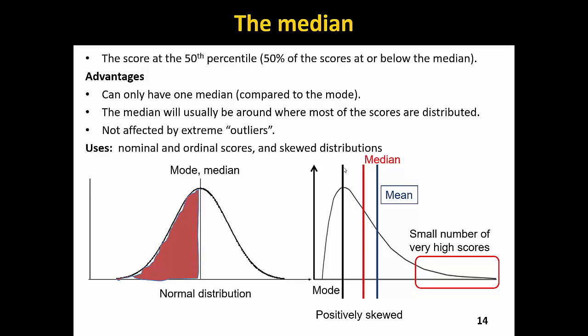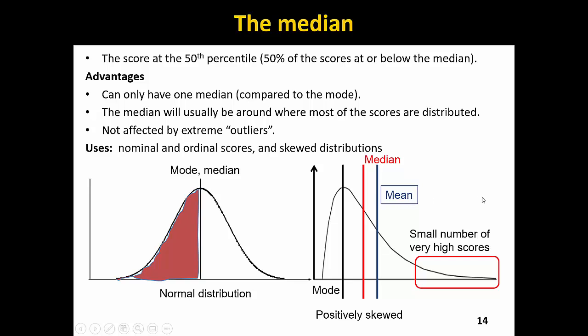We refer to this type of distribution as positively skewed because there are only a small number of scores on the very high end of our outcome measurement. Remember, the y-axis is our frequency, how many scores occur at each level of the dependent variable. Even though there's a small number of them, these very high dependent variable scores are skewing the average in the positive direction.